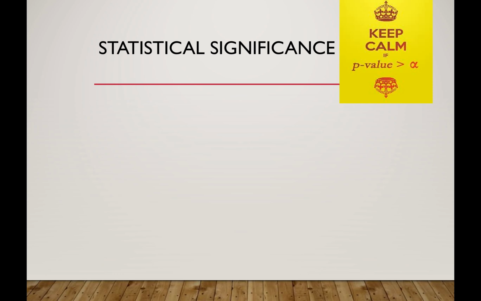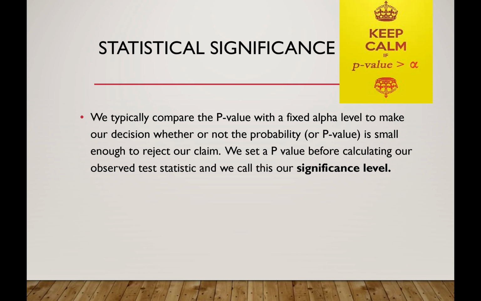All right. And then statistical significance. So in that previous example where I said the p-value was 0.02, we'll say that something is statistically significant usually if that value is less than 0.05.